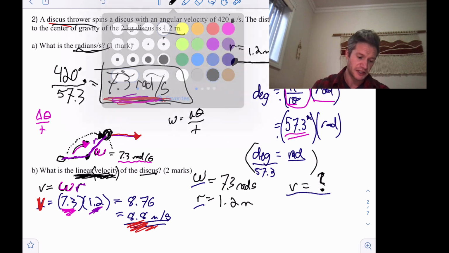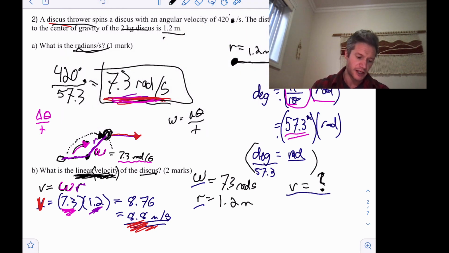That's all it's saying. And if they were to keep hanging on to it, that doesn't mean the discus isn't experiencing a linear velocity at that point in time. It's just experiencing that velocity while continuing on with rotational movement. If we were to let go, then the linear velocity would also be at that moment 8.8 meters per second.